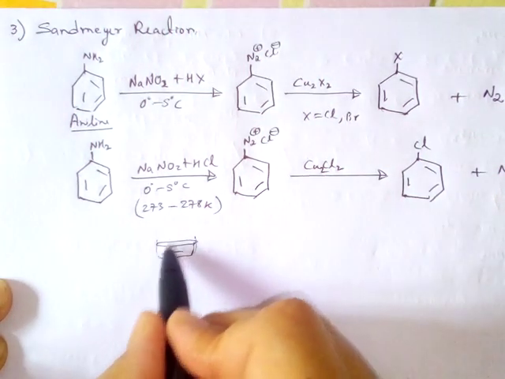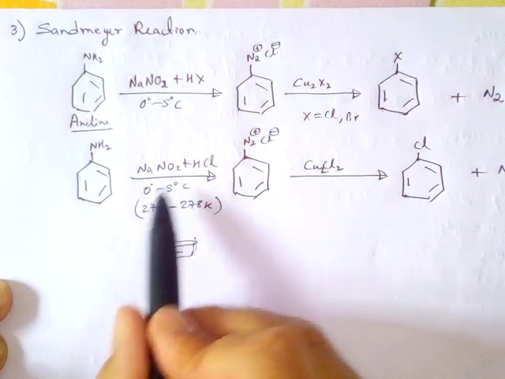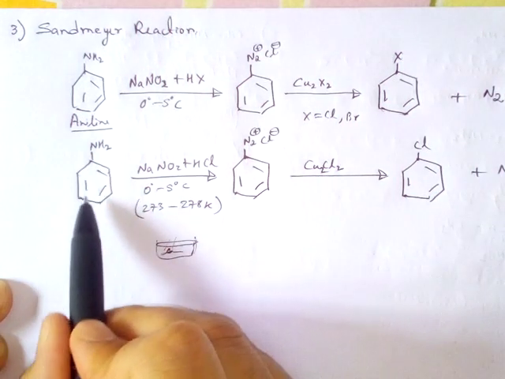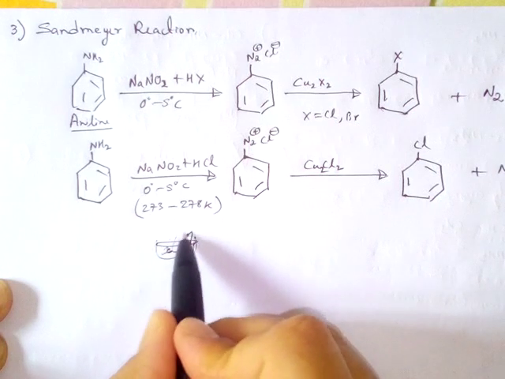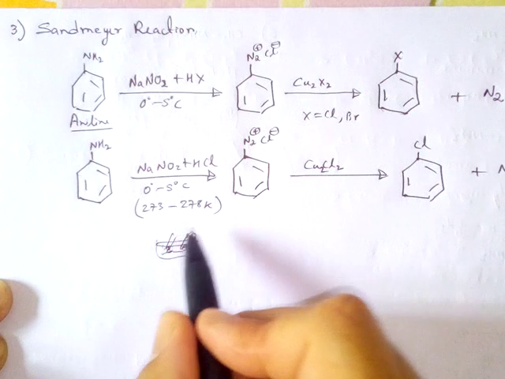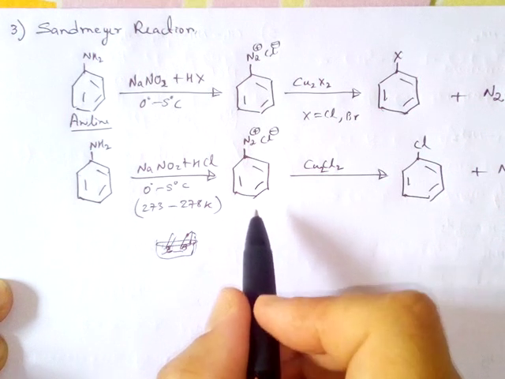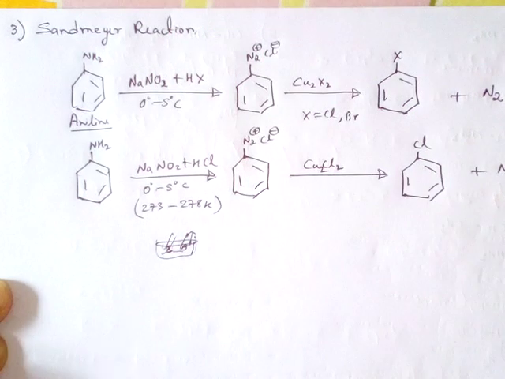So we'll dip the test tube here, and we'll maintain the temperature at 0 to 5 degrees. Then this aniline solution is also kept in another test tube in this water bath. Then we'll mix the two solutions, then your benzene diazonium salt is formed. Then when you add cuprous chloride, your chlorobenzene is formed.